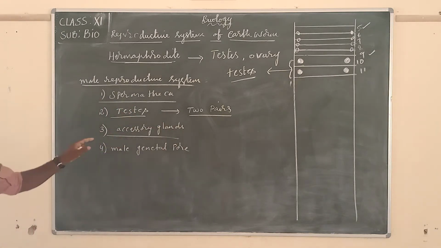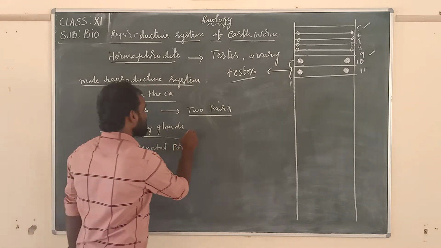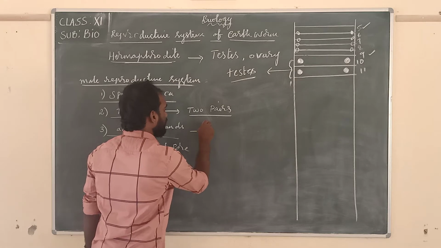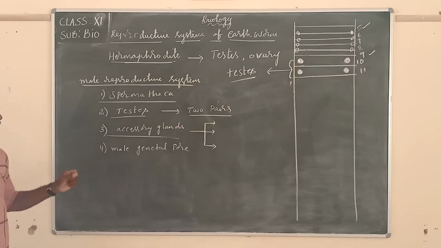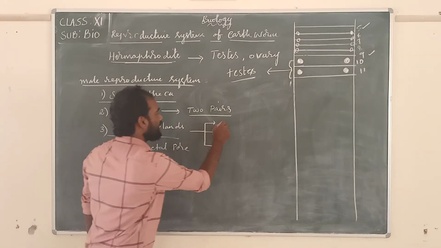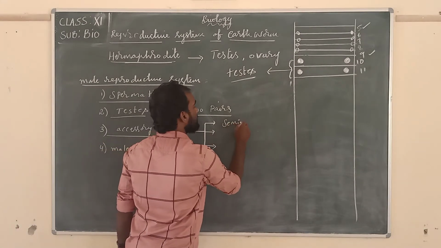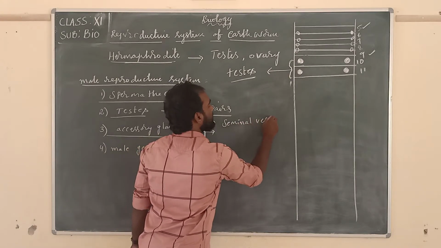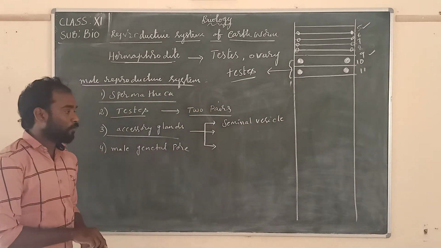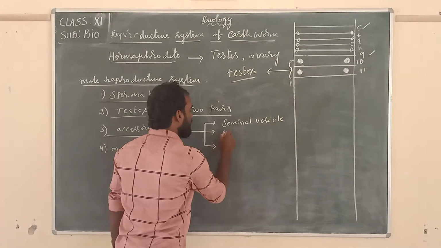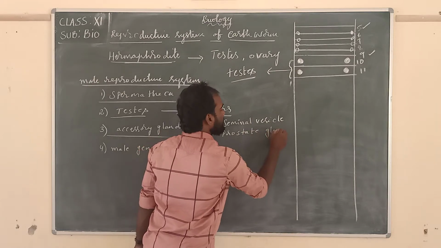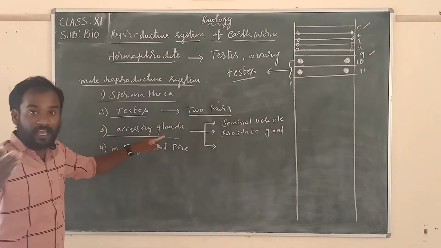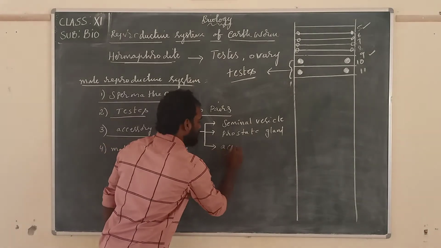Now, accessory glands. Where are these accessory glands present? Let us see. These accessory glands are mainly seminal vesicle, and prostate gland, and the name of another accessory gland is accessory gland only.